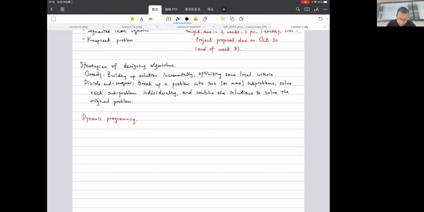And for dynamic programming, we are going to say that here we actually break up a problem into a series of overlapping subproblems.